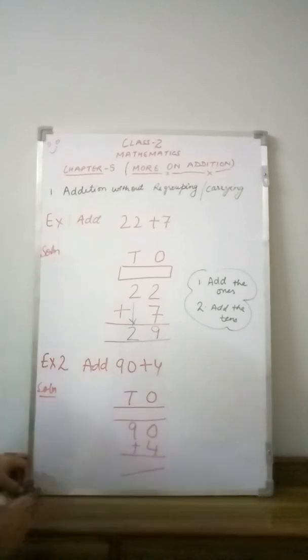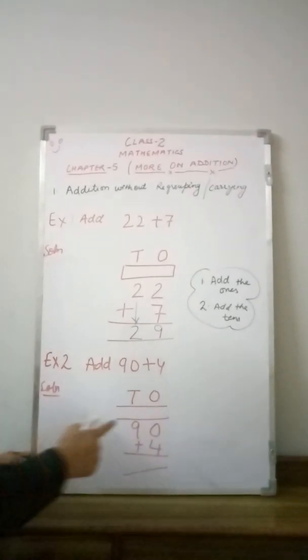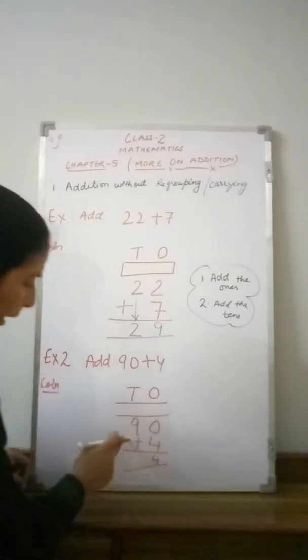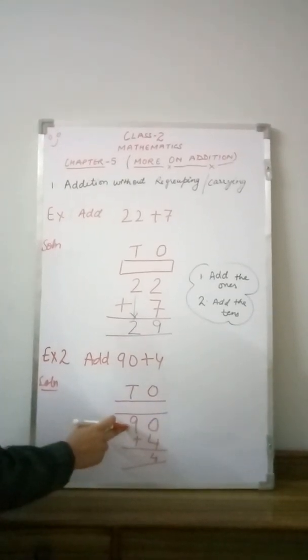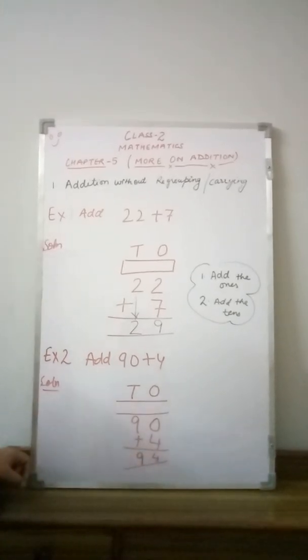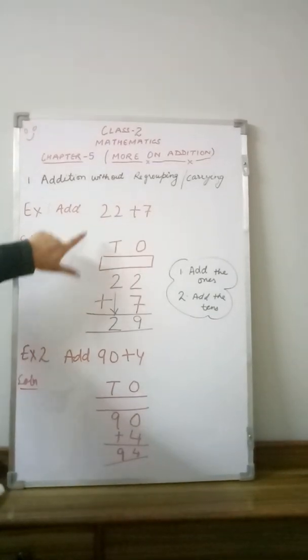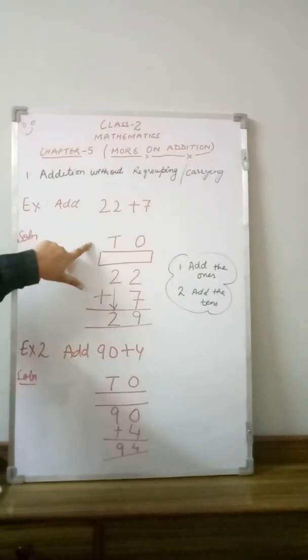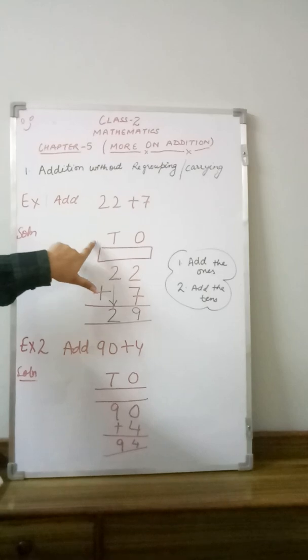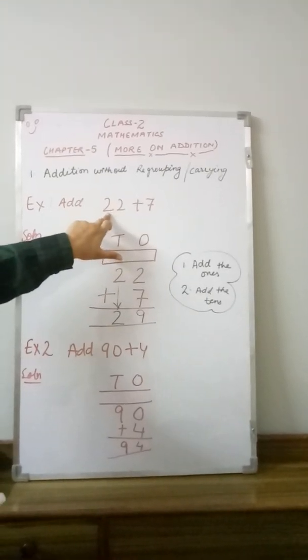We have already discussed that when we add 0 to a number, the answer is the number itself. So 0 plus 4 is 4, and 9 is alone, so we can directly note down this number. So 94. In this way, students, how can we add two numbers? First of all we write in column form, with the ones and tens places. Why tens place? Because the bigger number is a 2-digit number.